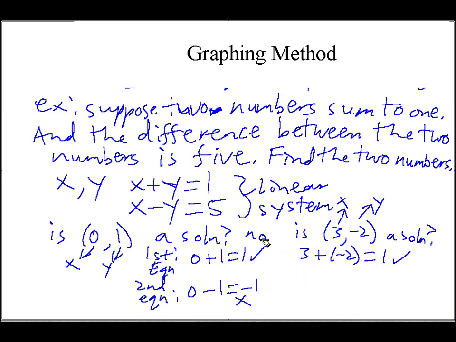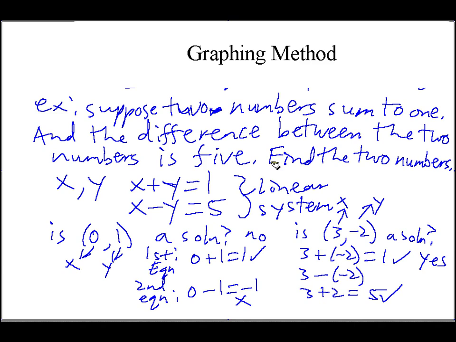Second equation, take the difference between the two numbers: 3 minus negative 2, so that's 3 plus 2, which is 5. So the difference is positive 5. Therefore, this ordered pair satisfies both equations, so it is a solution. So yes, the two numbers we're looking for are 3 and negative 2 for this word problem.